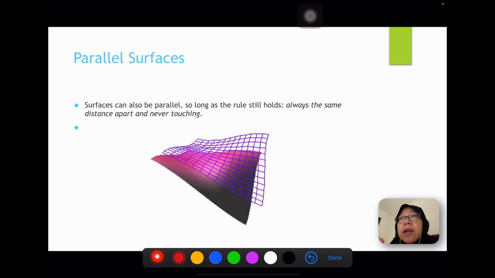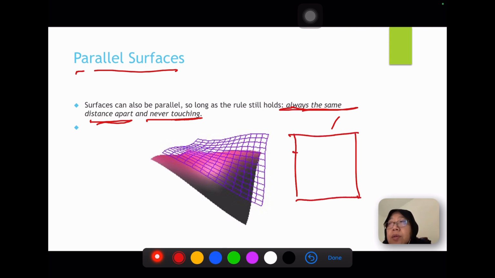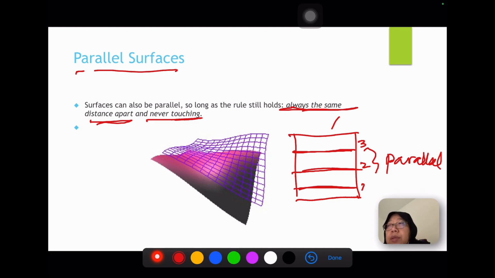We also have parallel surfaces. Two surfaces can be parallel. They are always the same distance apart and never touching. In our class, let's say this is a building. This and this and this, they are all parallel. This is floor number 1, floor number 2, and floor number 3.